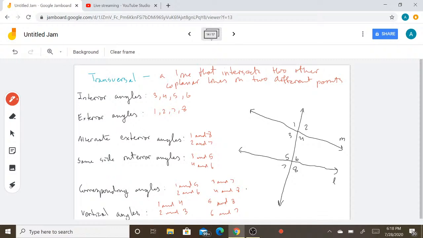Vertical angles share the same vertex, but are on the opposite side of it. So 1 and 4 have the same vertex, or same point, but they're on opposite sides. And vertical angles are always congruent to each other. So angle 1 and angle 4 are congruent, 2 and 3 are congruent, 5 and 8 are congruent, and 6 and 7 are congruent.